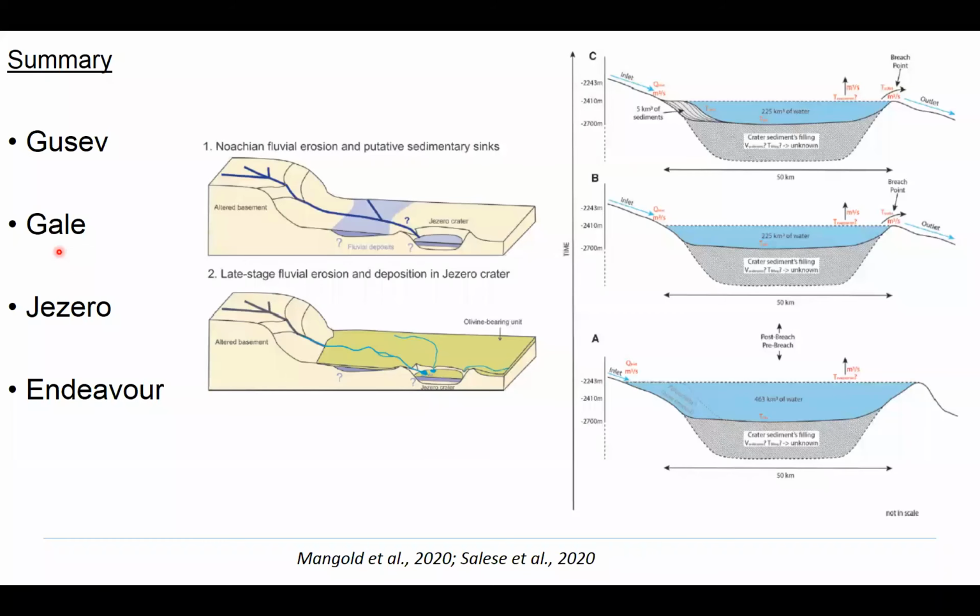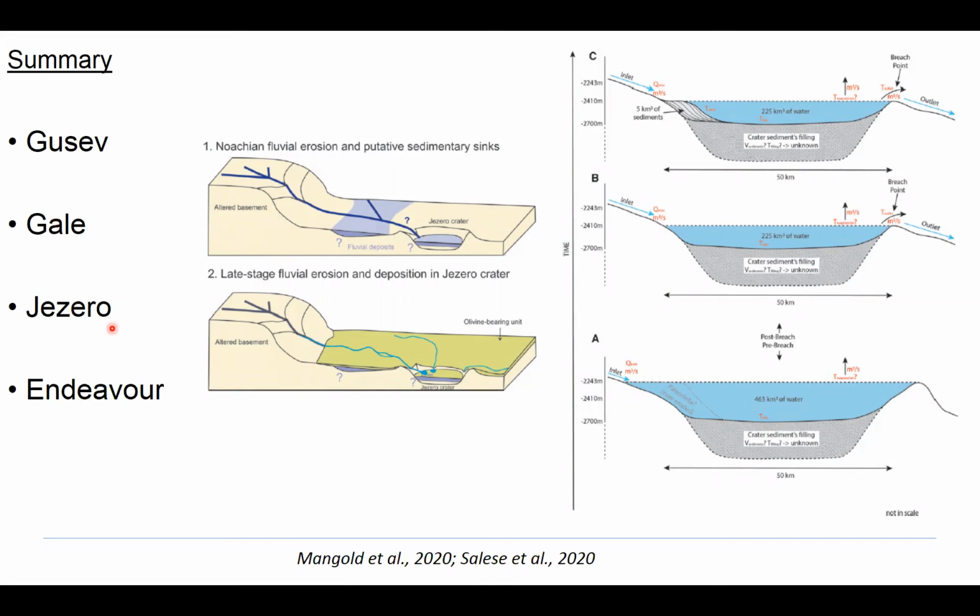In summary, if you look at most of the landing sites on Mars where the rovers are going, like Gusev, Gale, Jezero, and Endeavour, they all have an association with a channel and they have deposits within that. The very good examples are Jezero and Gusev.